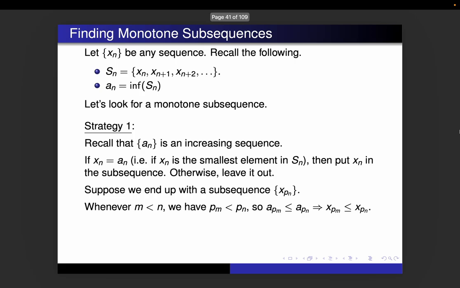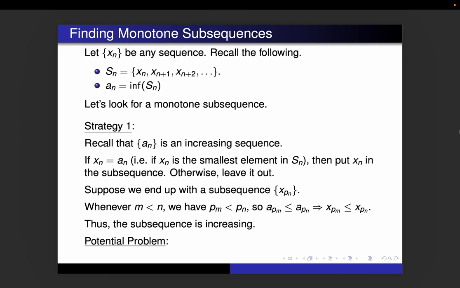But remember, a_{p_m} is equal to x_{p_m}, a_{p_n} is equal to x_{p_n}, so that tells us that x_{p_m} is less than or equal to x_{p_n}, and that gives us an increasing subsequence. So if this strategy actually gives us an infinite subsequence, right, we get infinitely many terms in there, this strategy will work to give us an increasing subsequence.